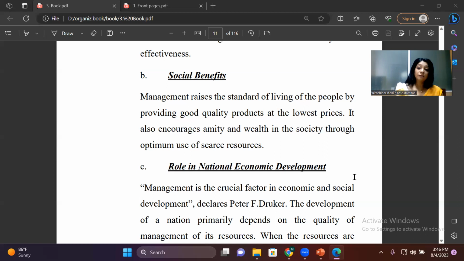When your effectiveness goes higher and higher, you will not do wrong things. You would do the right thing the first time. It again would be advantageous for you, so you would be able to provide the products at the lowest price. Because when the wastages are high, these wastages, costs, and everything will be added to your product price.